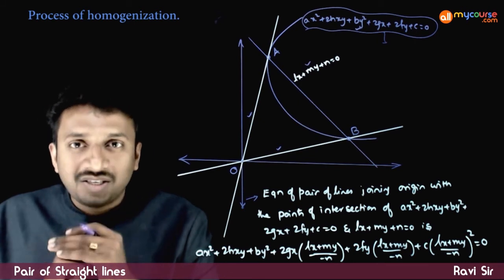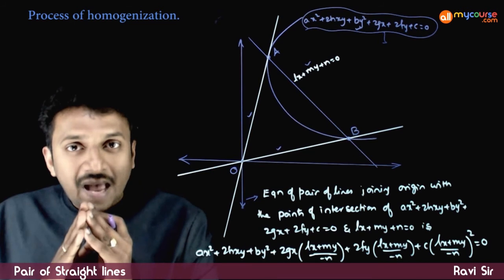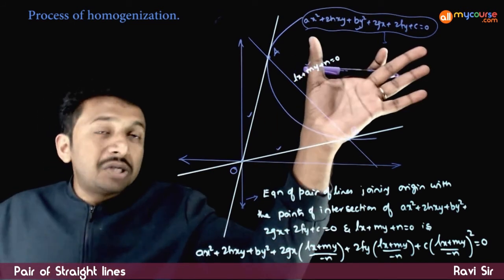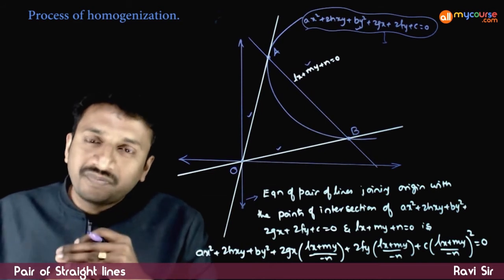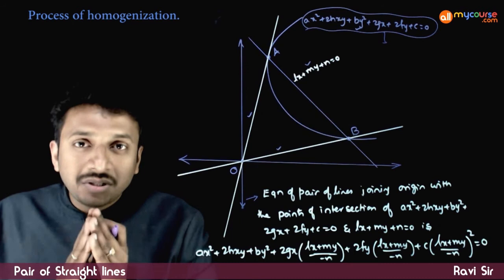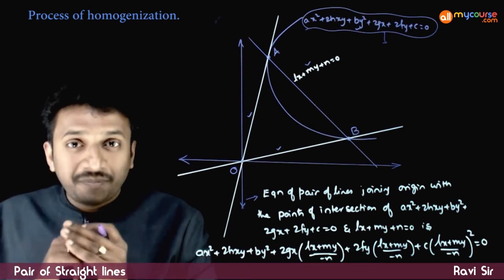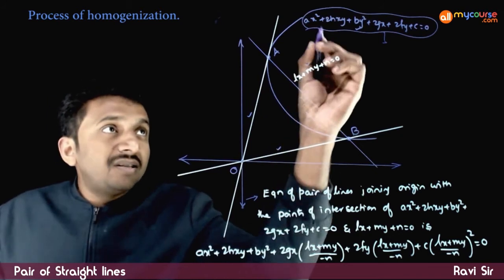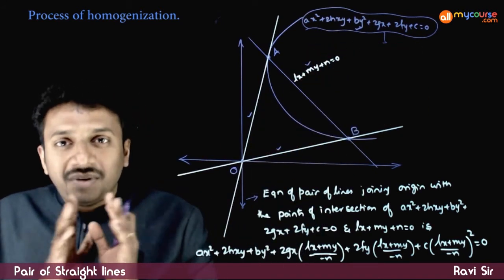What is meant by homogenization? It means simply that you have to make this non-homogeneous equation into a homogeneous equation. Why is this equation called a non-homogeneous equation? We have already dealt with this initially, because all the terms in this equation do not have the same degree.